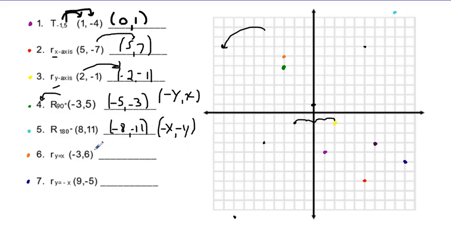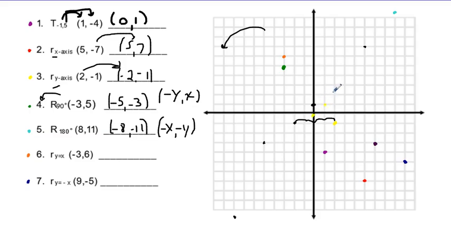In number 6, we're reflecting the point (-3, 6) in the line y equals x. Notice it's the orange point, and that's right here. First, we need to realize what this line looks like. The line y equals x is a diagonal line passing through the origin.